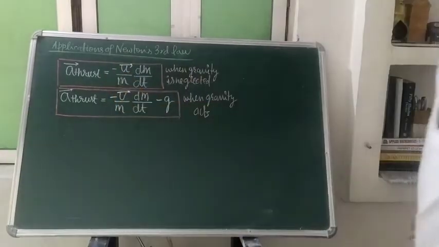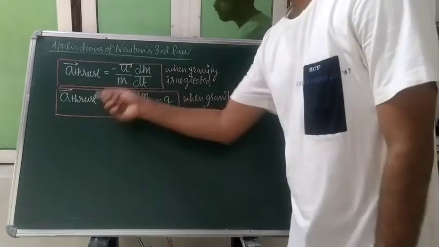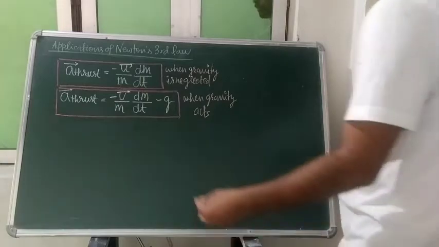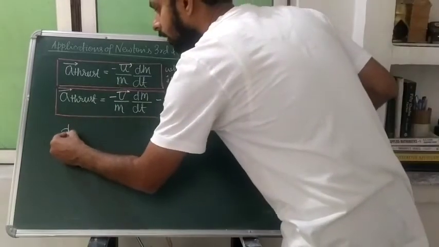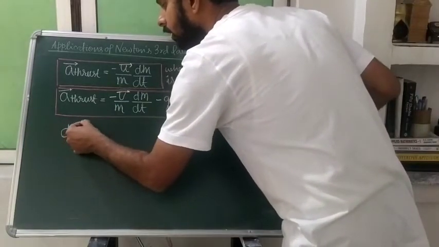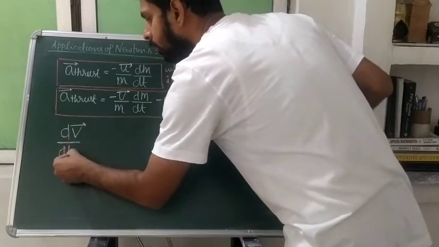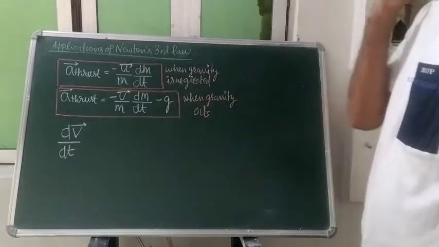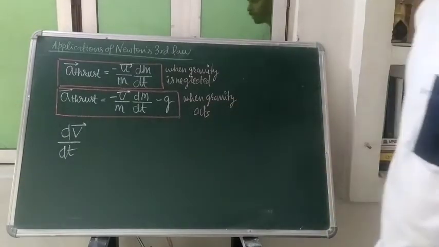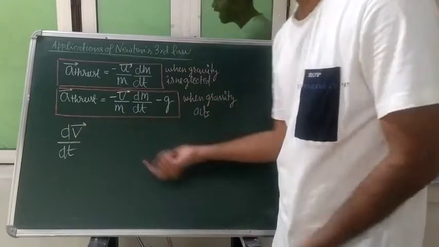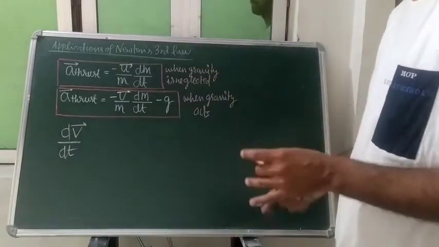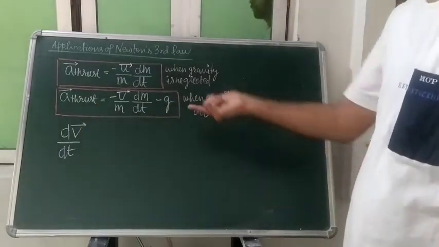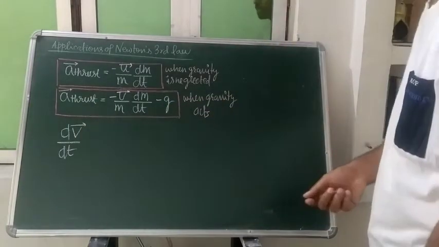And student, how can we write that acceleration? Acceleration we can write as change in velocity upon change in time. The derivative of velocity will give us acceleration. So I am not writing V thrust here, as we have assumed that at any particular time t our velocity will be represented by capital V. You can write thrust as well for your understanding.